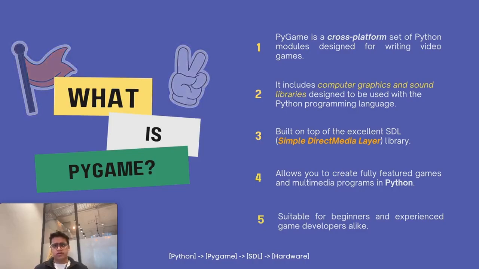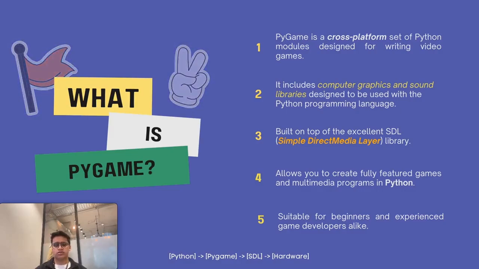So the programming library that provides the game development functionality is Pygame, and the underlying C library which Pygame is built upon is SDL, which handles the low-level operations. And then there's the actual computer hardware or system you are working on, the graphics card, sound card, and so on, which are the hardware that the game interacts with. Pygame also abstracts the complexities of SDL, making it super easy for Python developers to create games without dealing with low-level intricacies.